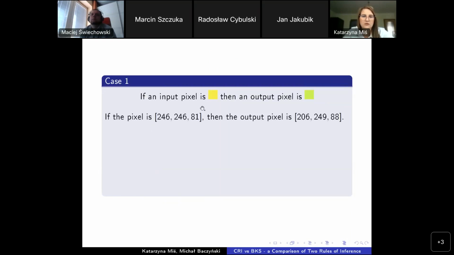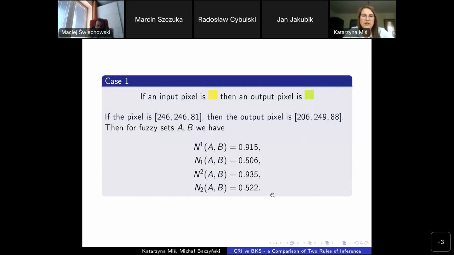These are the values of those pixels if we would like to have it yellow, and this if we would like to have this green color. If we compare them, we obtain these values. Of course the first and the third are quite big values, more than 9/10, but this minimal similarity is also not so bad. It's more than a half. So we could say that these pixels are quite similar to each other.